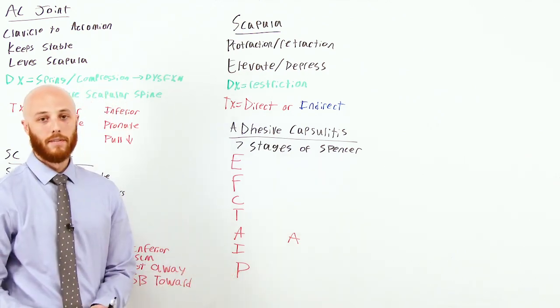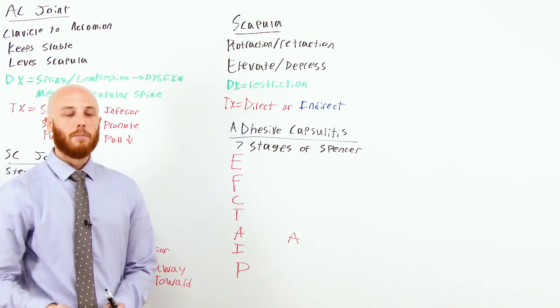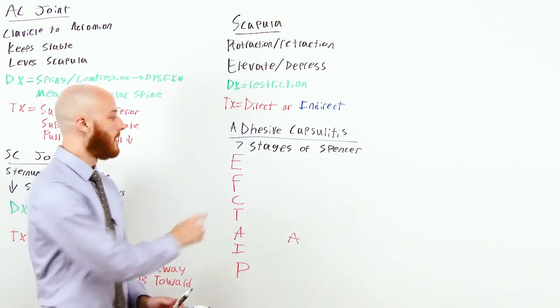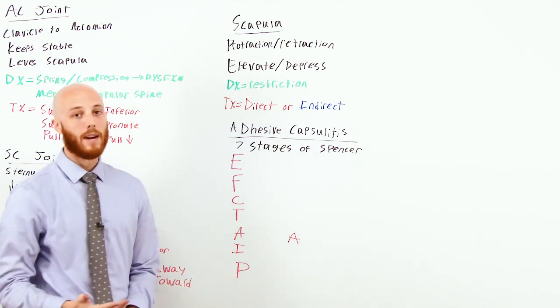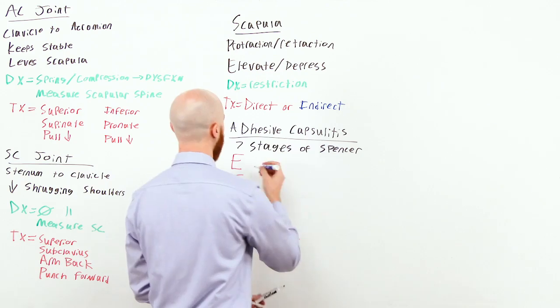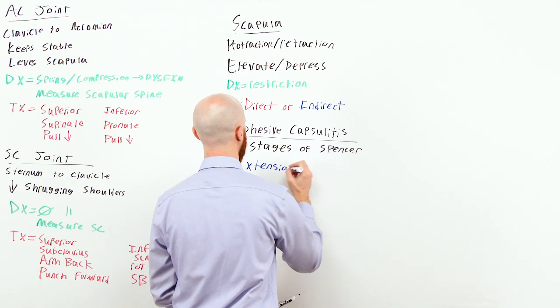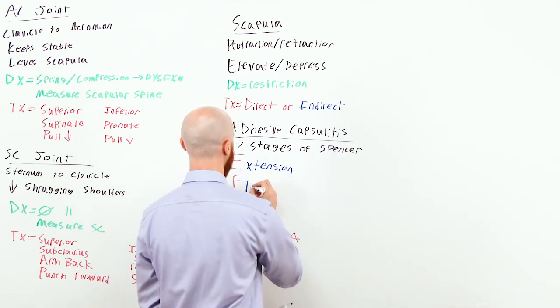So what does that mean? For this treatment, it's muscle energy. You need to engage different barriers throughout your treatment. So each of these letters represents a different barrier that you're going to engage during treatment. So the first barrier is the extension. Then you move into flexion.